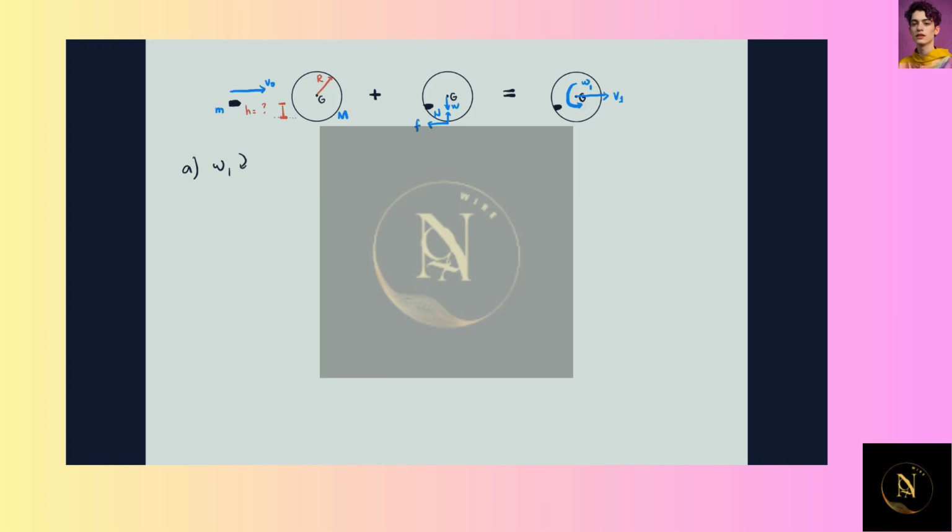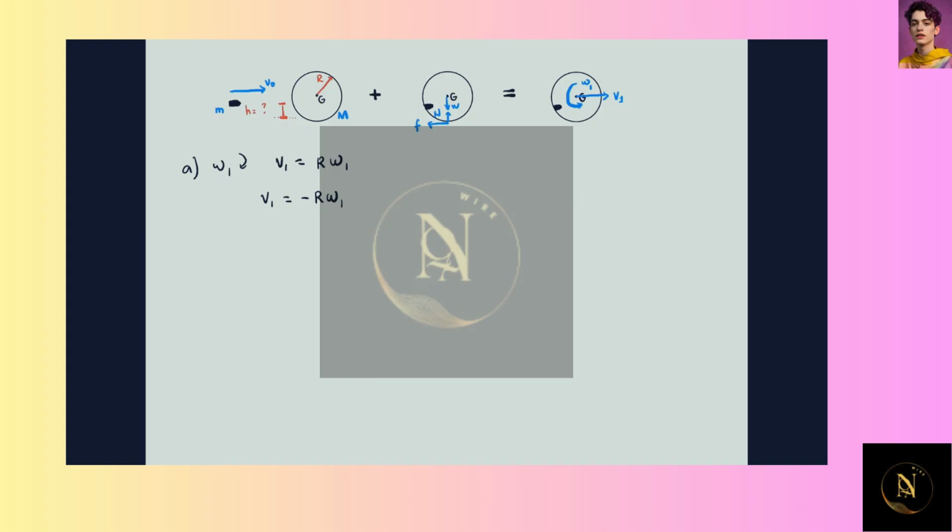We'll have v sub 1 equals r omega sub 1, or actually negative r omega sub 1 because of the direction.